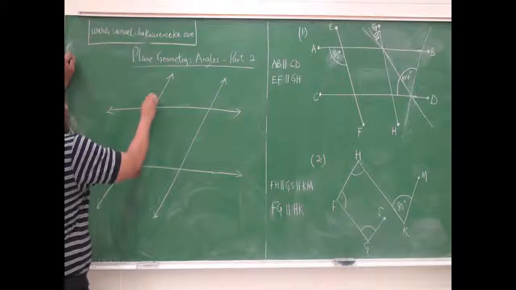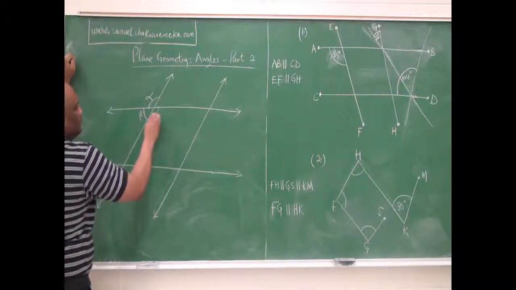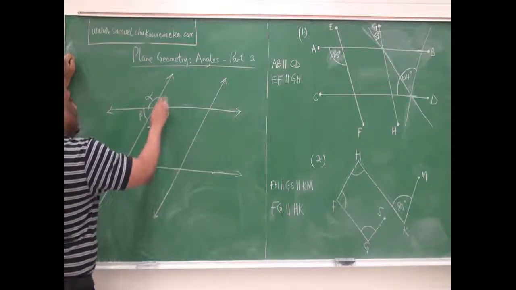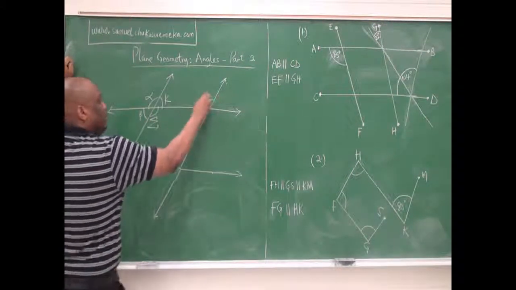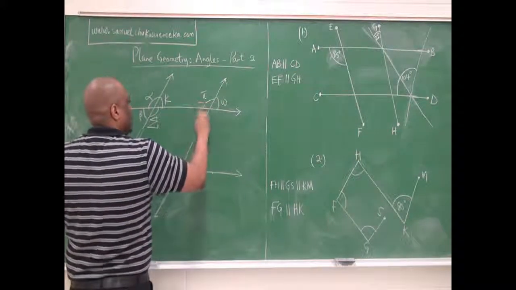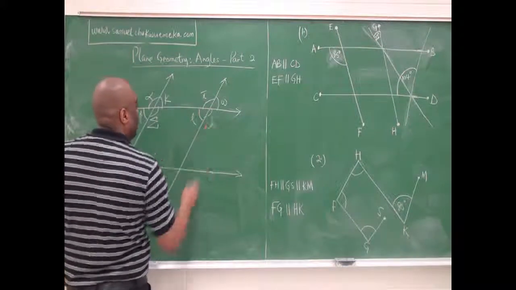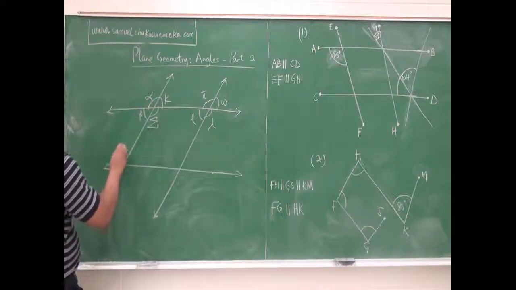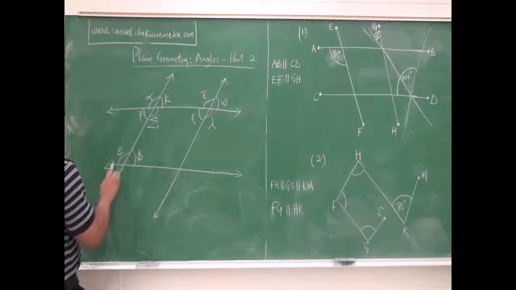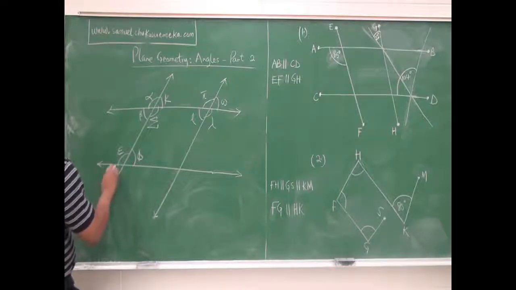So, alpha, beta, sigma, kappa, pi, omega, rho, lambda, epsilon, phi, psi.